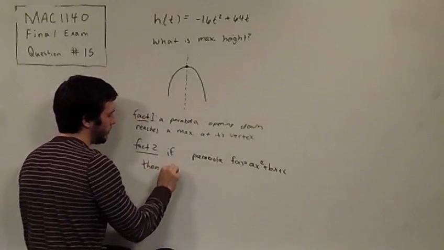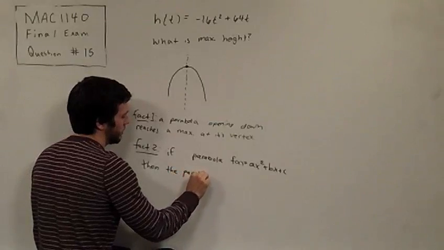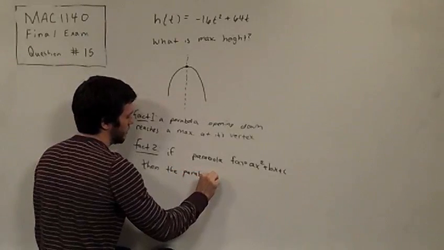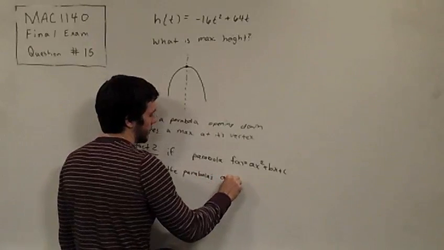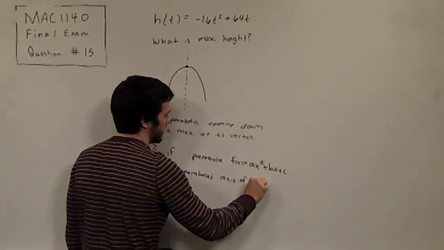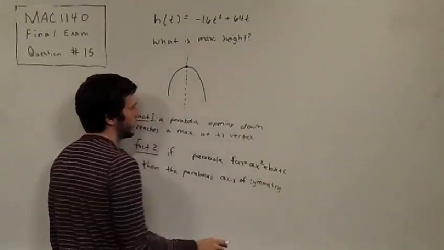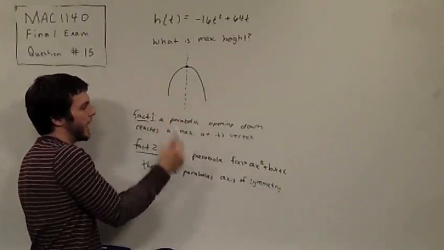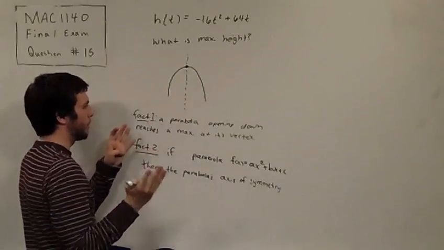then the parabola's axis of symmetry, again, here's a picture we'll refer to. The axis of symmetry is the vertical line through which the parabola is symmetric.